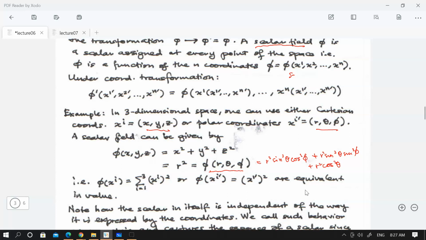So there are some scalars where it's more convenient to write it in terms of Cartesian coordinates, and there are some scalars for which it's more convenient to write it in terms of spherical polar coordinates. Okay, so which one to choose doesn't really matter, but sometimes when we look at a particular problem, then you know which one is easier to handle. Okay.